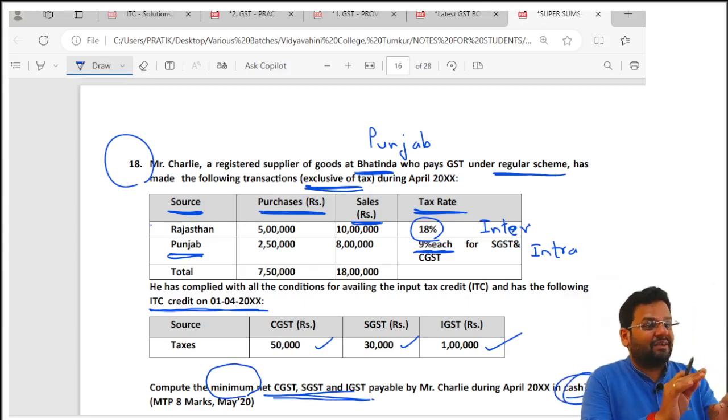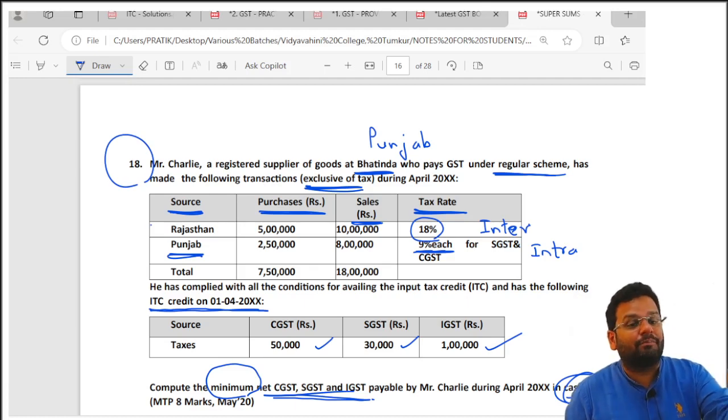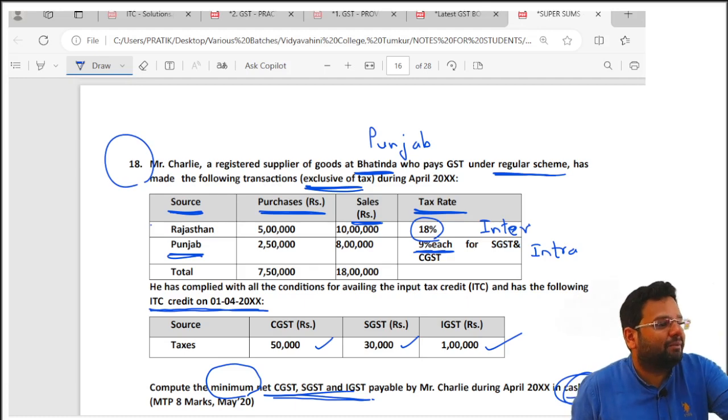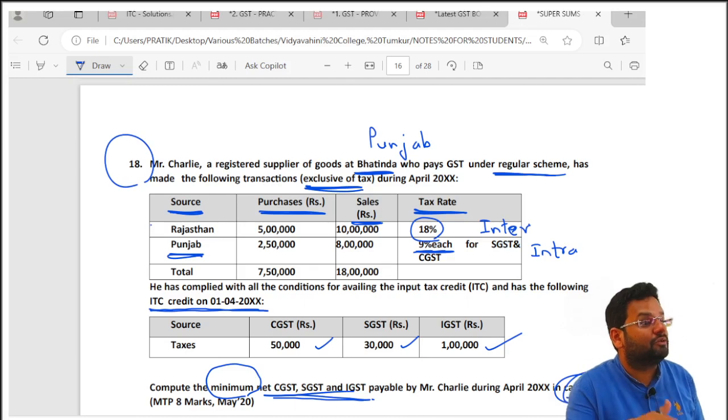Minimum. Now any other answer than minimum is incorrect according to the institute, not according to GST law. According to the institute, you have to compute minimum. Of course, the client will also say compute minimum payable in cash. The client will actually not be happy if you ask him to pay more in cash and preserve ITC balance.